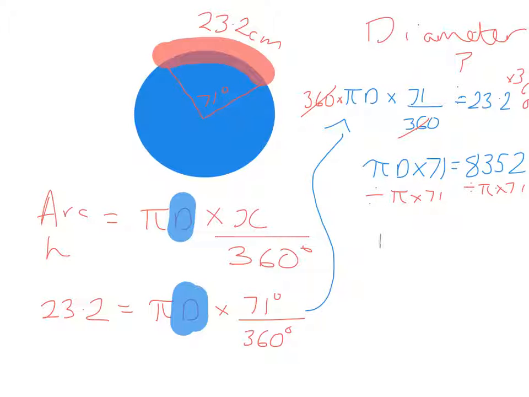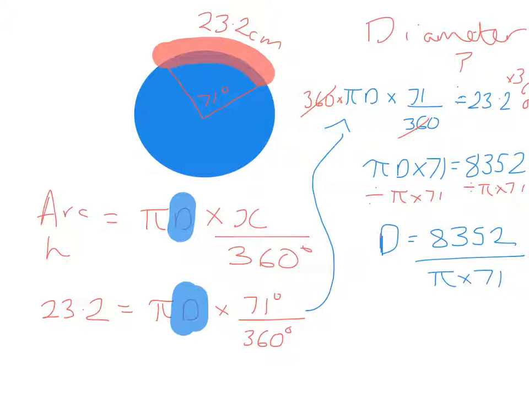Doing that will allow me just to isolate the diameter. So the diameter would be 8352, because by dividing this side here, I'm going to allow myself to cancel these away. So it's going to be 8352 divided by pi times 71.